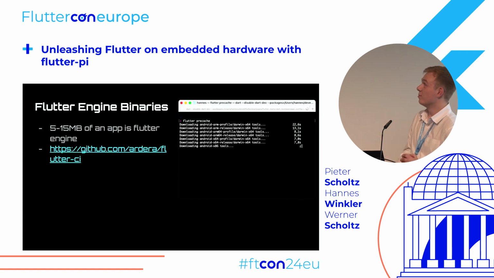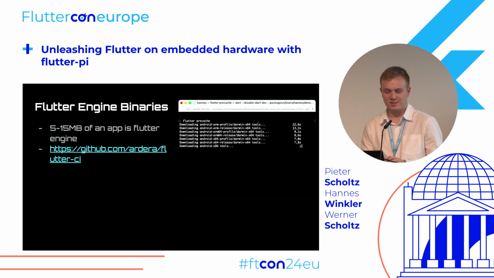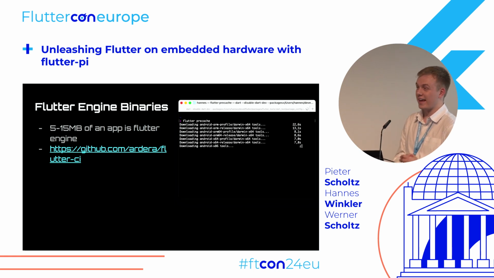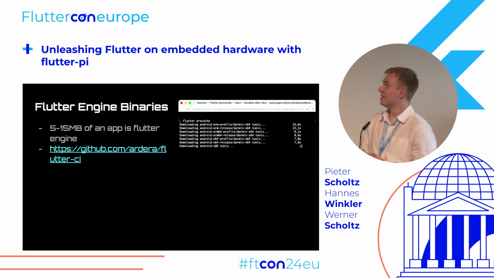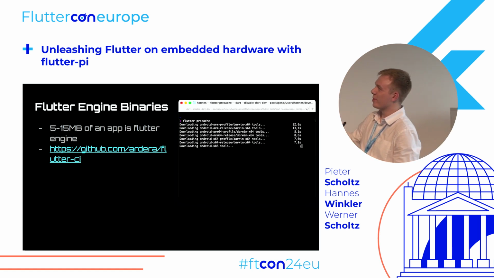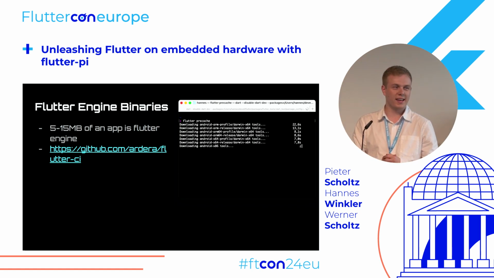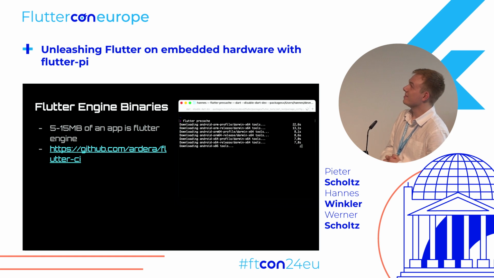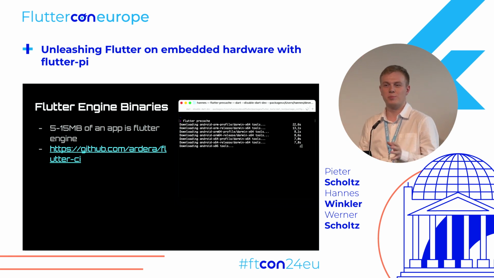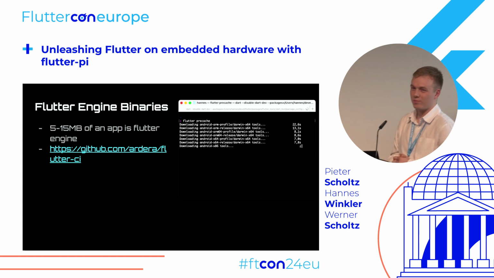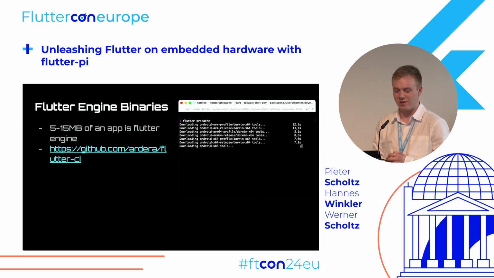Okay, one other thing that is really hidden to most users is the Flutter engine binaries. So you've probably seen them when updating your Flutter SDK. This screenshot there, that's the process of downloading the pre-built Flutter engine binaries that come from some Google infrastructure server.